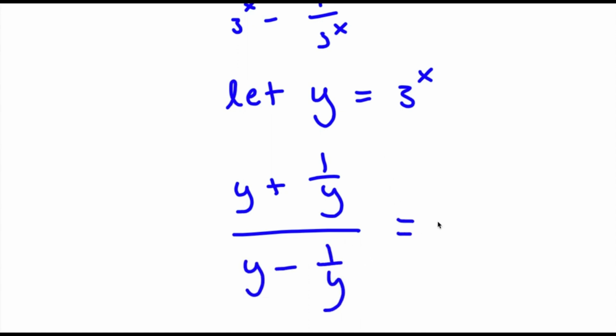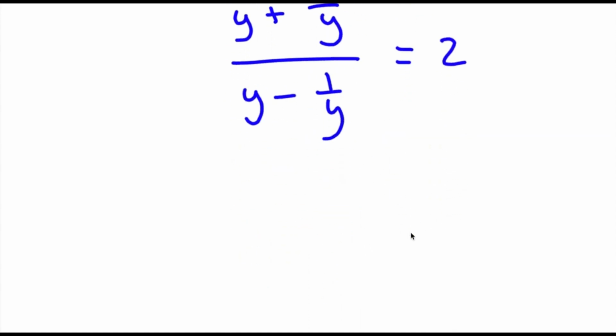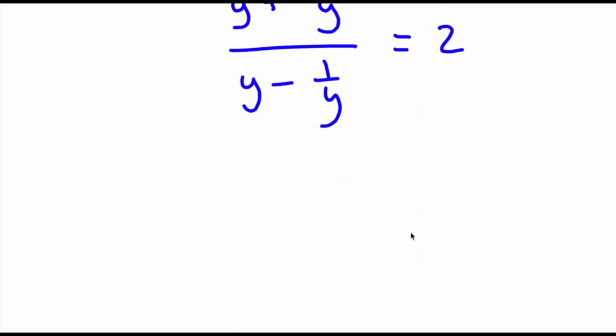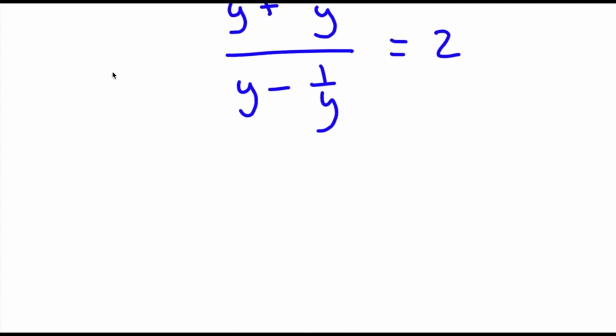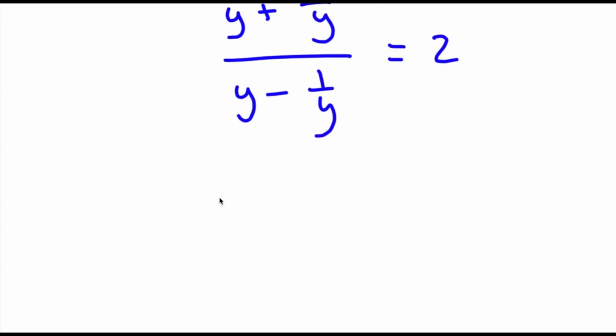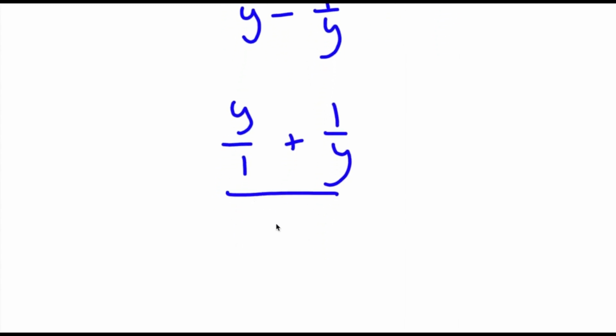And this is equal to 2. Now y is the same thing as y over 1, so I have y over 1 plus 1 over y, over y over 1 minus 1 over y. This is equal to 2.